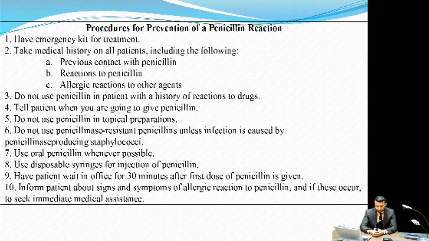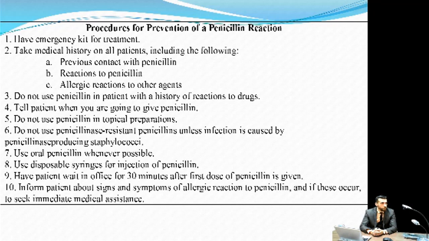3. Don't use penicillin in patients with a history of reactions to drugs. 4. Tell patients when you are going to give them penicillin. 5. Don't use penicillin in topical preparations, because it also causes allergic reactions. 6.